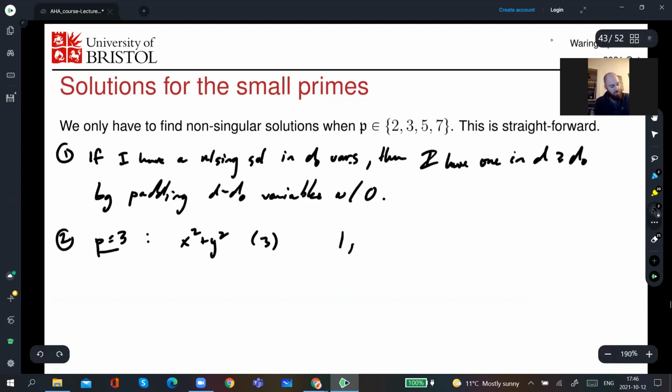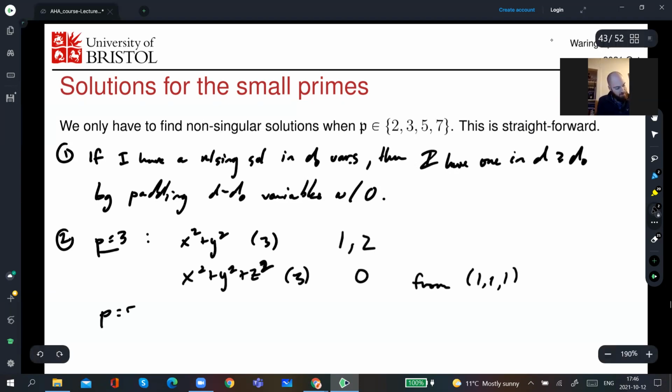I can also get the value 2 by taking 1 and 1. And then that means I have to worry about 0 left. But for 0, I can't just plug in 0, 0 to get 0. I actually have to consider the equation in 3 variables. And I get a non-singular solution coming from the vector 1, 1, 1.